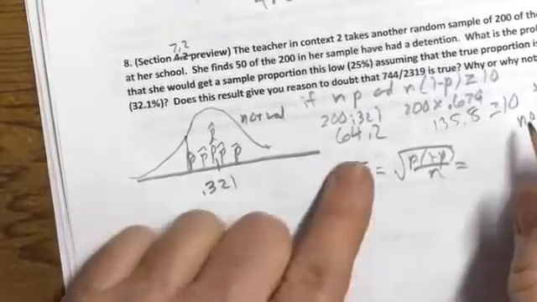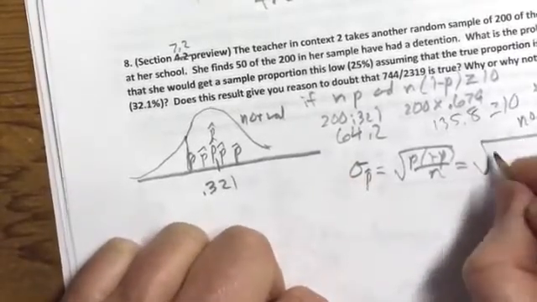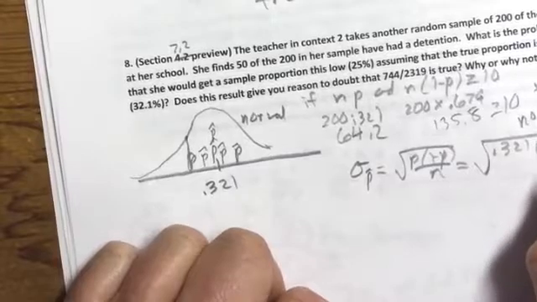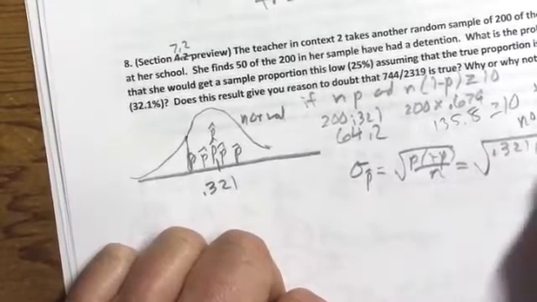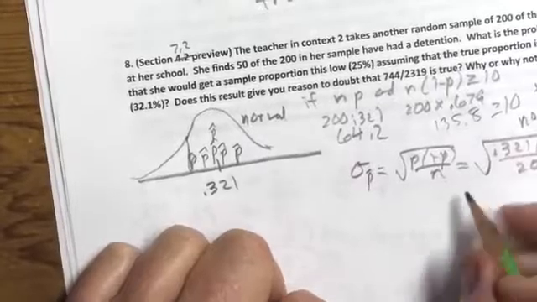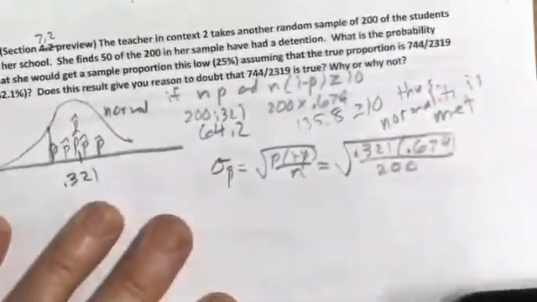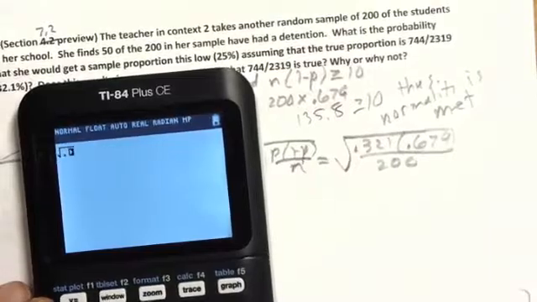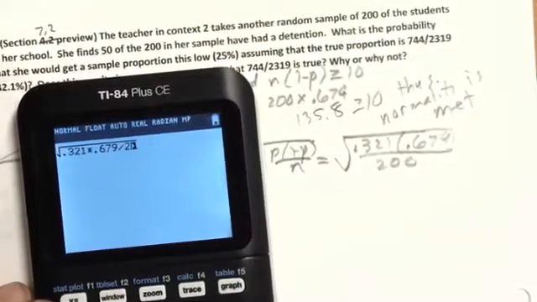In that case, this is equal to the square root of 0.321, that's p, times 1 minus that, which would be 0.679, over 200. So we shall say the square root of 0.321 times 0.679 divided by 200.